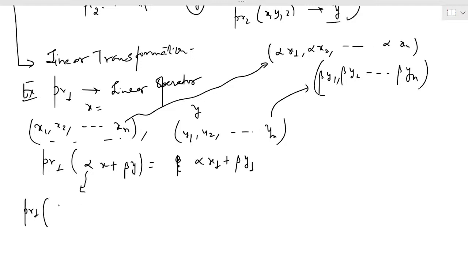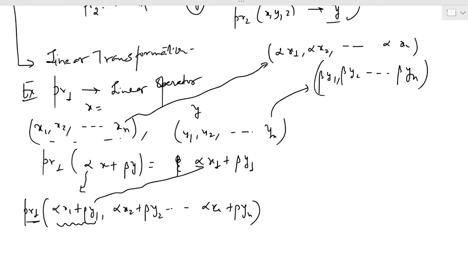Now alpha x plus beta y is alpha x1 plus beta y1, alpha x2 plus beta y2, and so on, up to alpha xn plus beta yn. Applying the projection along the first coordinate, I'll get only alpha x1 plus beta y1. And what is this? This is simply alpha PR1 x plus beta PR1 y, taking common factors out. So clearly you can see that PR1 is a linear operator.